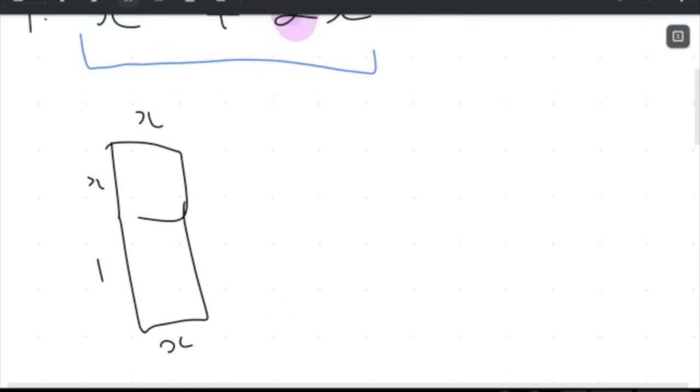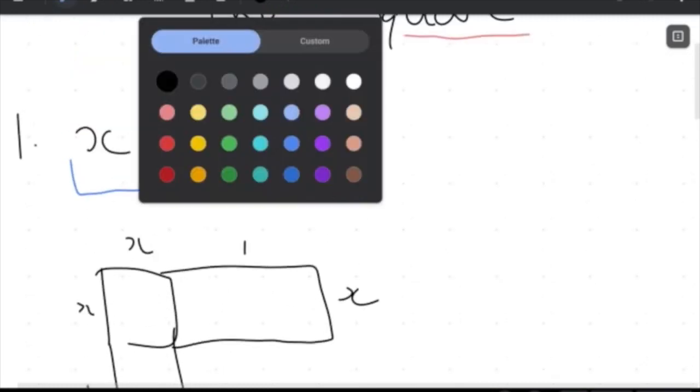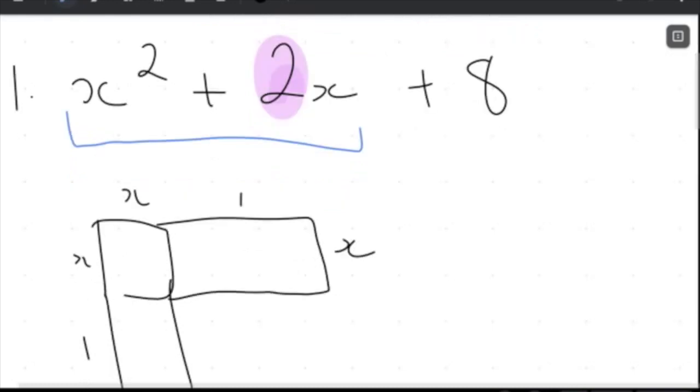So using our completing the square method, we figured out that in order to complete this square, now let's leave this plus 8 here, like we had at the start of the question.